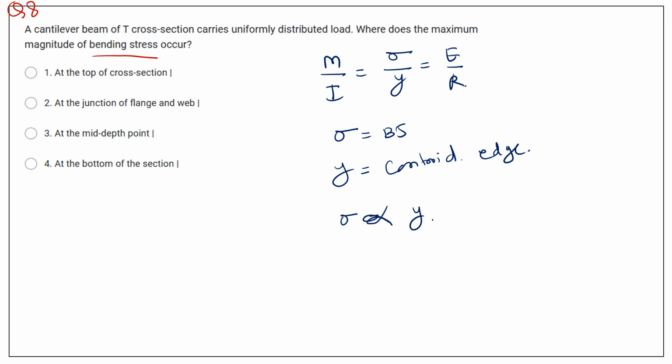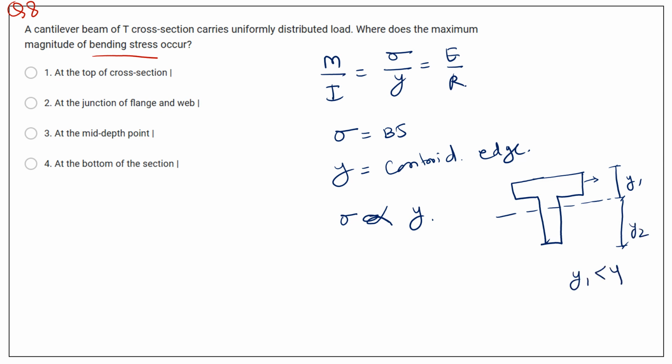So in case of T section, the centroidal axis is near to the flange section. So here Y1 is smaller than Y2, means Y2 is greater than Y1. If Y1 is less than Y2, then sigma 1 is also less than sigma 2.